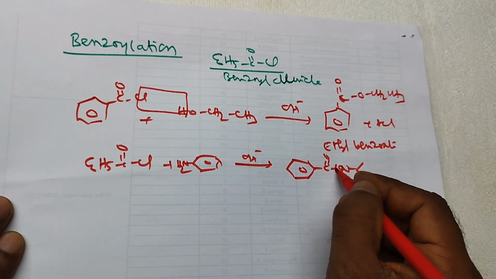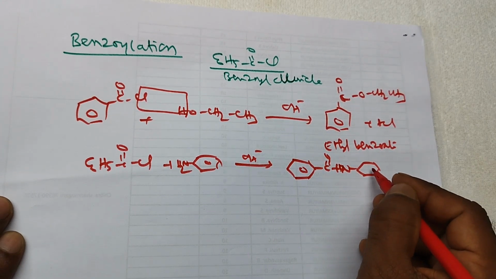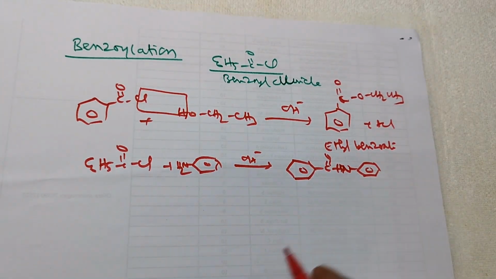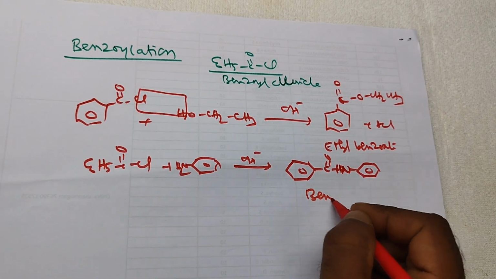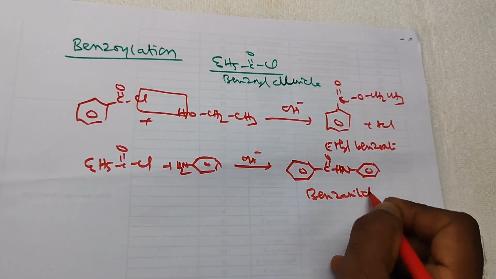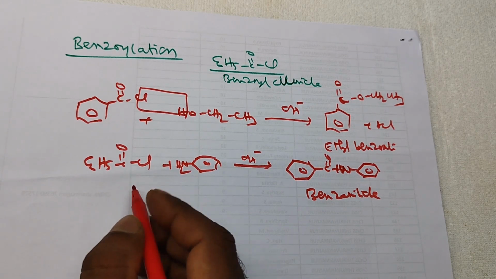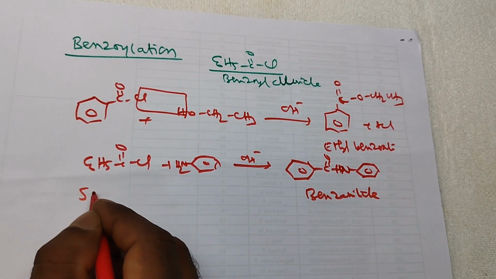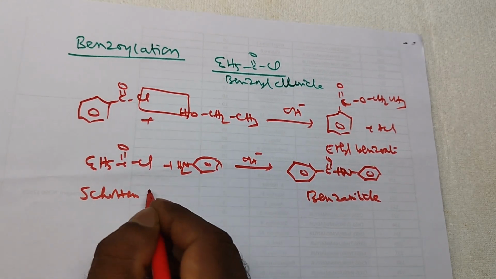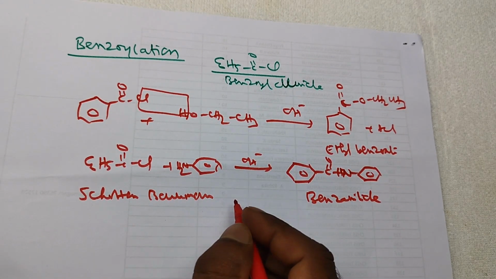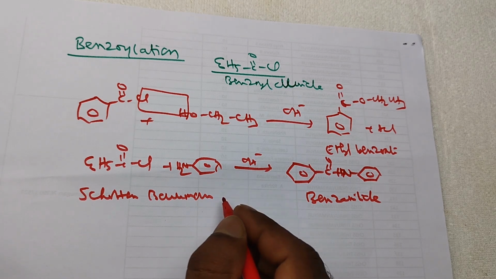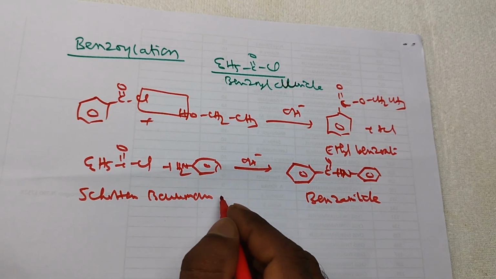Sorry, this is NH. It gives benzanilide. This reaction we can normally call the Schotten-Baumann reaction. Even though it is among the acylation compounds like benzoylation, this particular reaction is the Schotten-Baumann reaction.